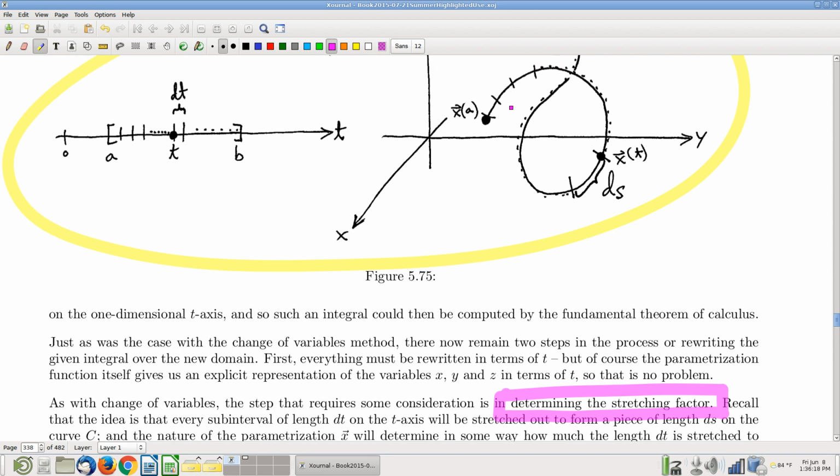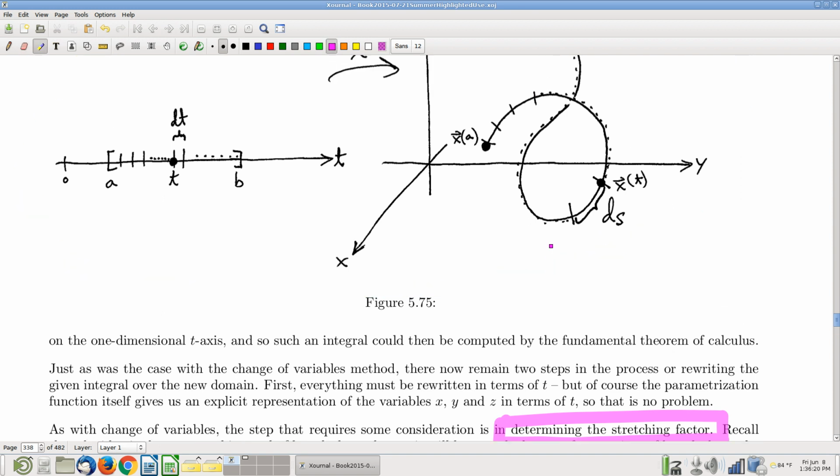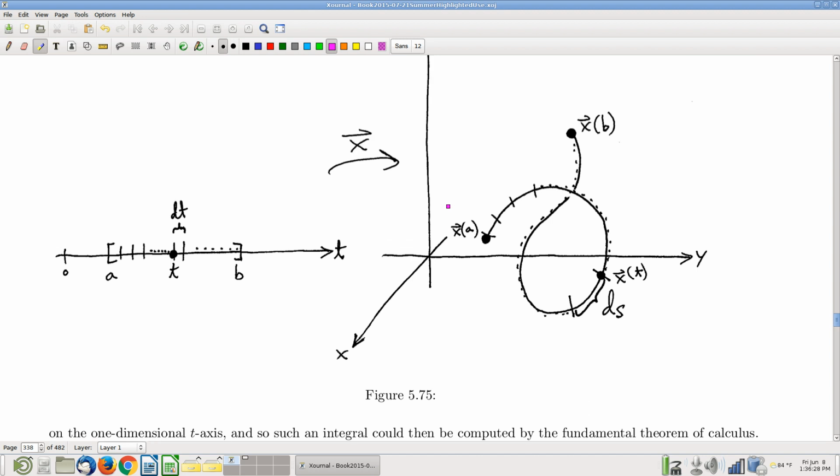Here we go. All right, so here's our curve that we have parameterized. I want to consider a little piece of the t-axis. That's going to have as its image a little piece of the curve. They're not going to be the same size, probably.